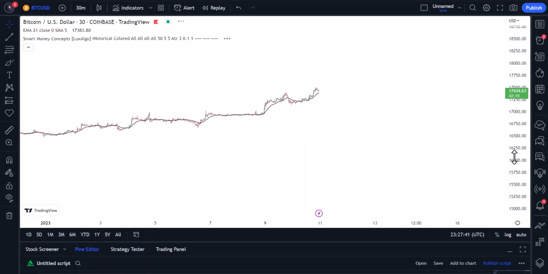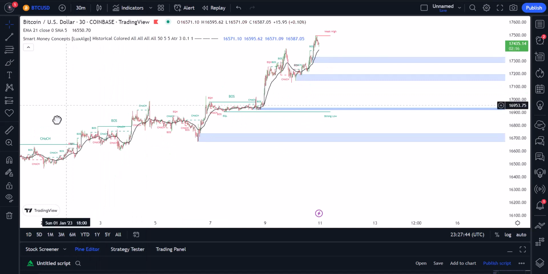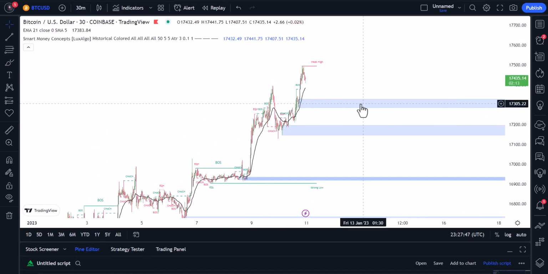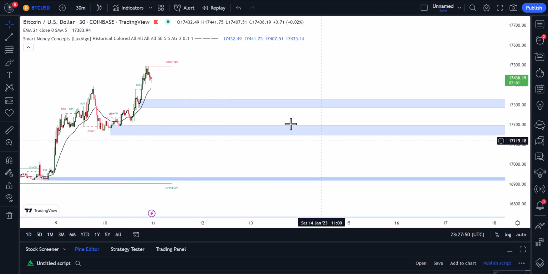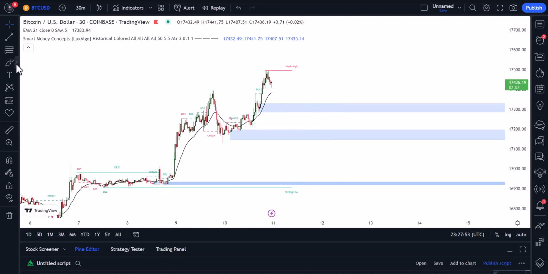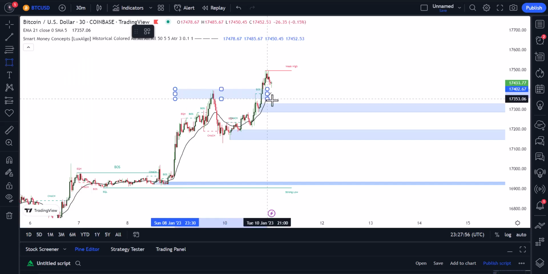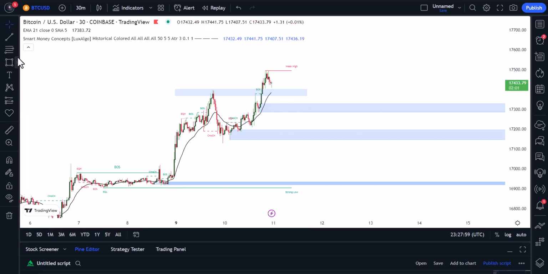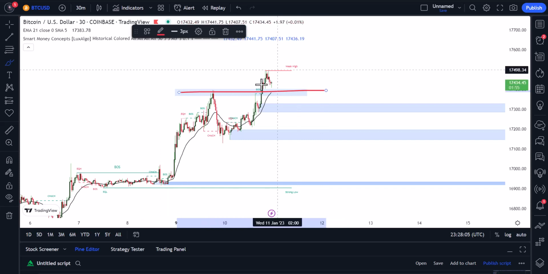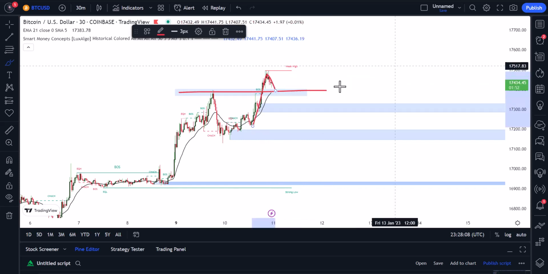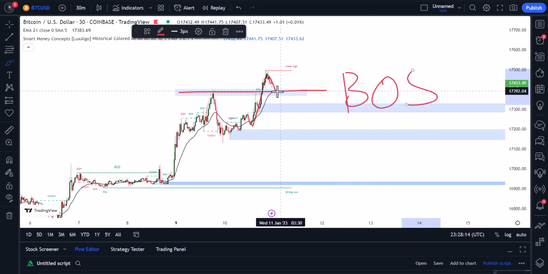Let's move towards the shorter time frames. Here this was the resistance area, but it has broken out and completed the retest, and here we have our break of structure and completed the retracement, and the EMA is also indicating a buy signal.